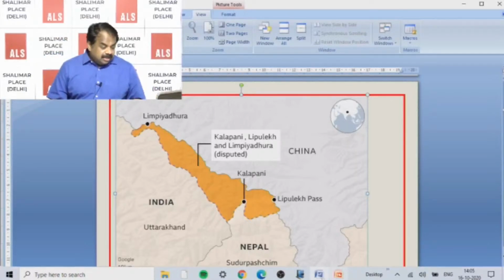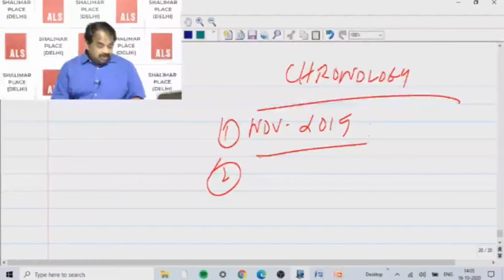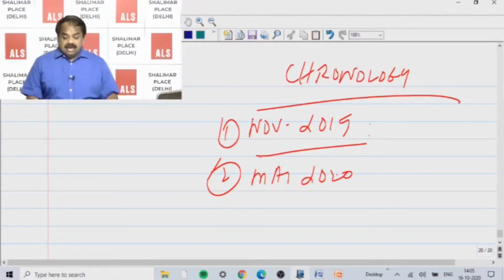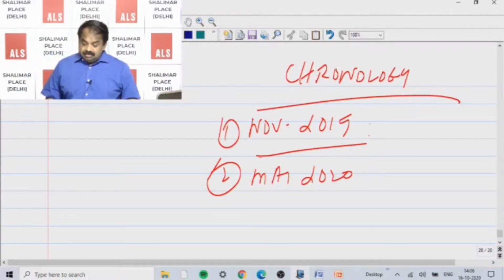That is how the whole thing started. The second point of discord subsequently was in May 2020, when India inaugurated an 80-kilometer road reaching Lipule.